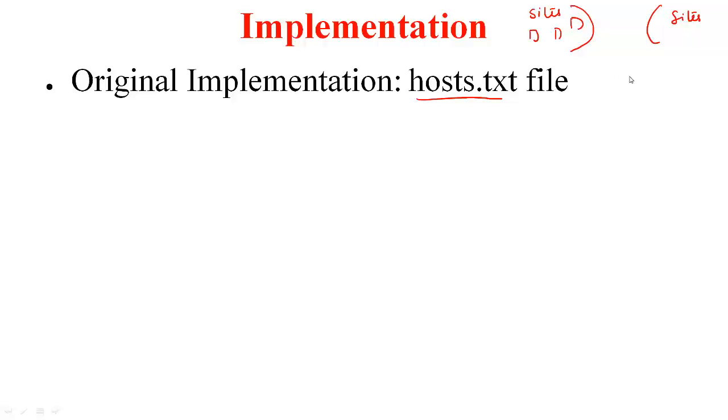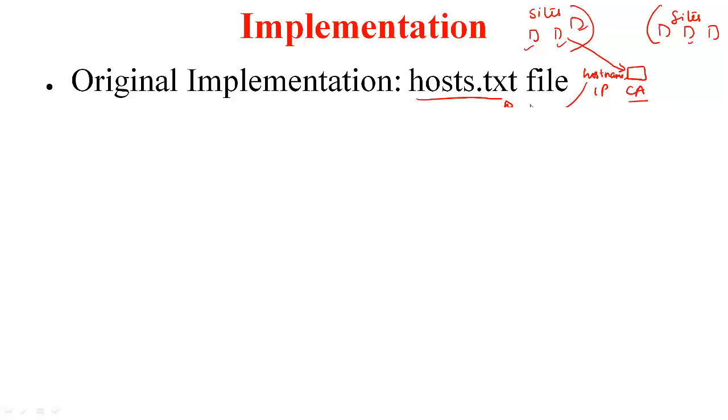Whenever site managers added a new host, they would contact the central authority and mention the host name and the IP address of this newly added host. This central authority used to add this entry in host.txt, and then send this file to all the hosts in all the different sites. So each of these hosts now has this file, and if you are establishing a connection, you just look at this particular host.txt file, which is local, figure out what the IP address is, and thereby establish the connection.